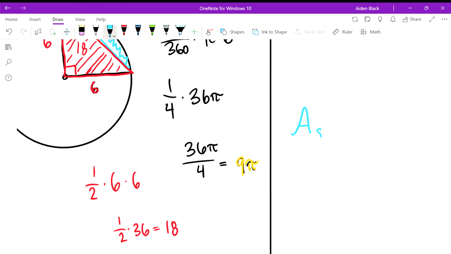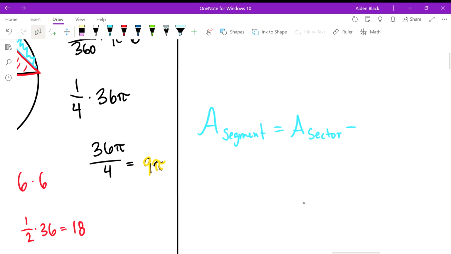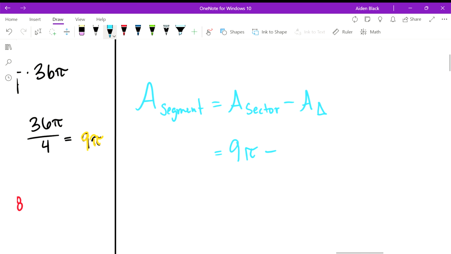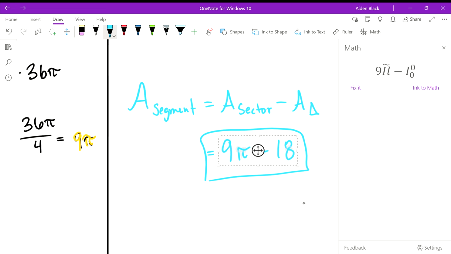Area of the segment is equal to the area of the sector minus the area of that triangle, in which case we know the area of the sector is 9 pi, and we know the area of the triangle is 18. So this would be your answer. If you're asked to round to the nearest tenth, that is when you would plug it into your calculator.